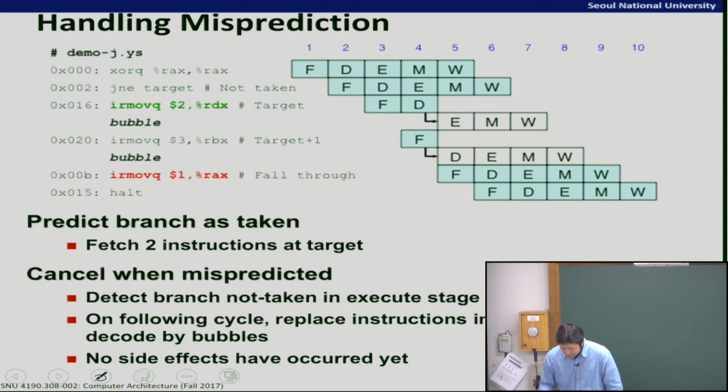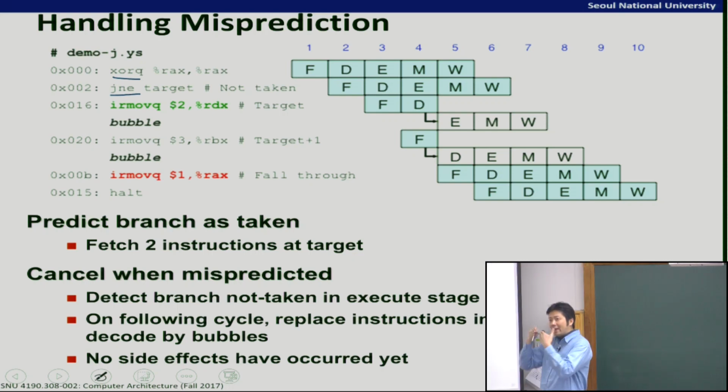If you execute this code, the first instruction will be XOR. The second instruction will be JNE. In the pipeline, we only find out whether this condition is satisfied in the E stage, the execute stage. Until we get there, we assume it's likely to be taken, so we take instructions from the target address of the jump.